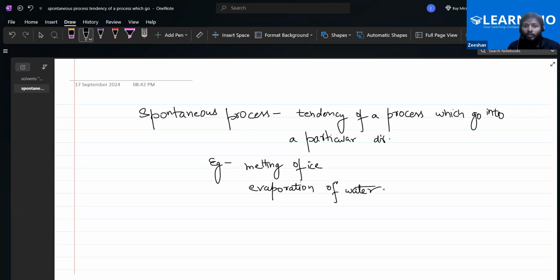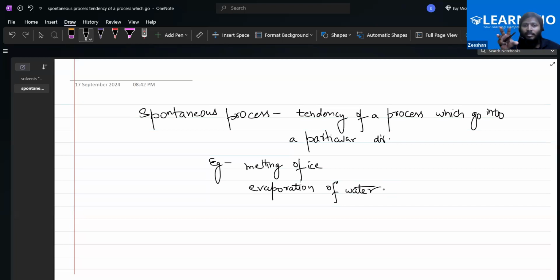Or if you leave some tea in your cup for some hours, the water is lesser there. So the temperature is not 100 degrees, right? Evaporation of water takes place at every temperature.